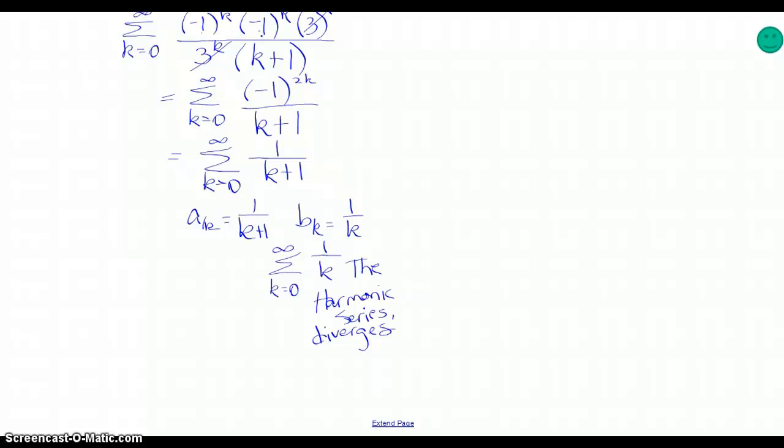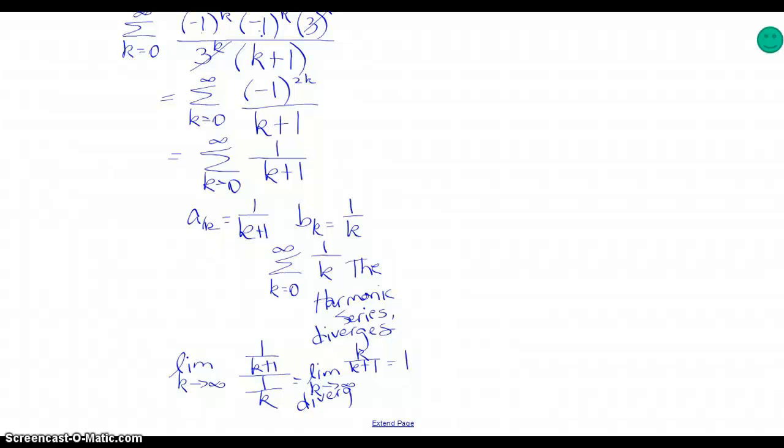And then we can put those into the limit as k approaches infinity of a sub k over b sub k. I'm running the limit comparison test. So this diverges by the limit comparison test.